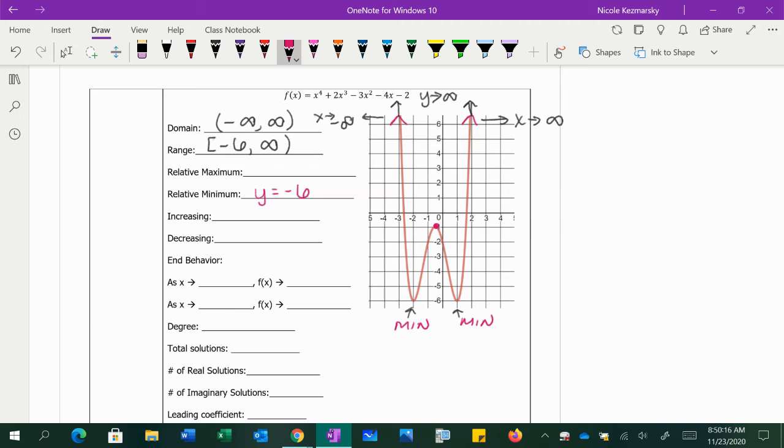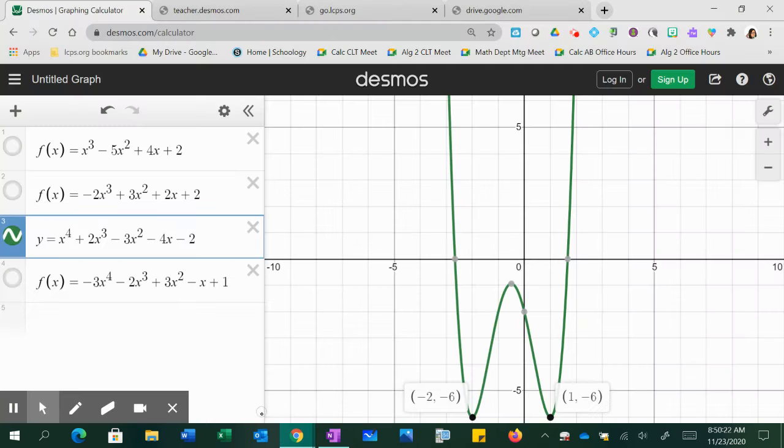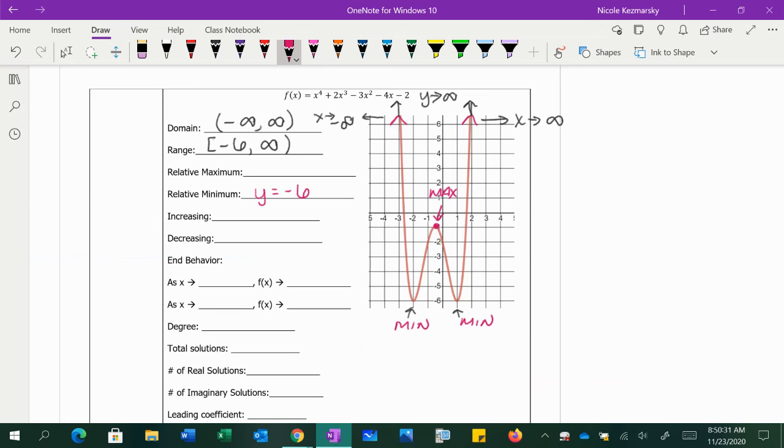We do have a relative maximum right here where the graph turns around. And so if I look at Desmos, that max happens at y equals -0.938. And then we have our max and mins.